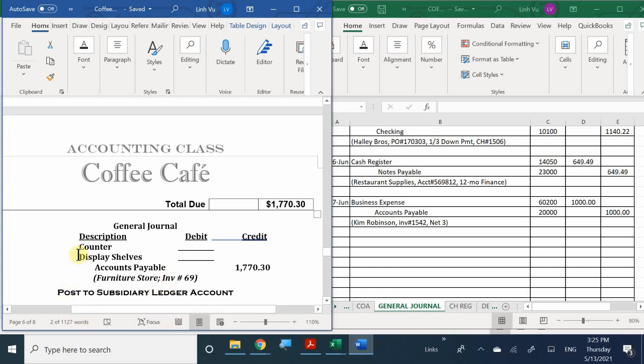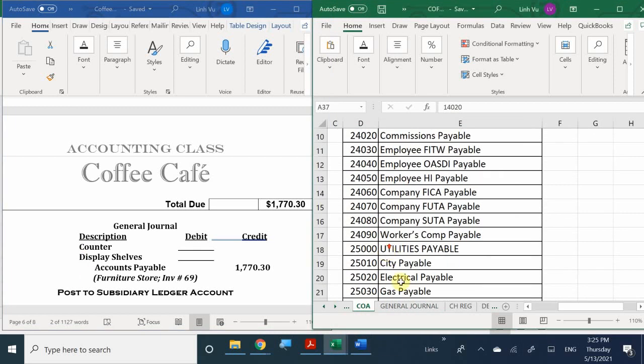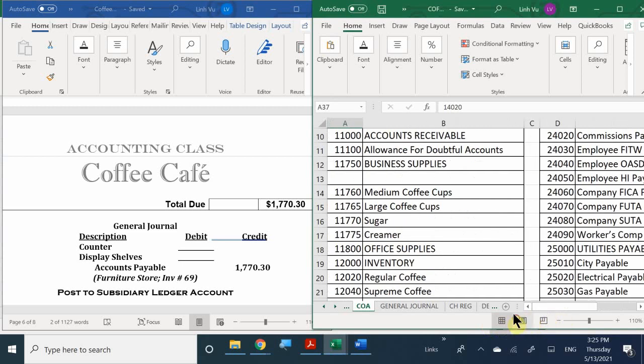And now let's take a look at our assets. We purchased display shelves and we purchased a counter. So let's take a look at what account numbers those are.